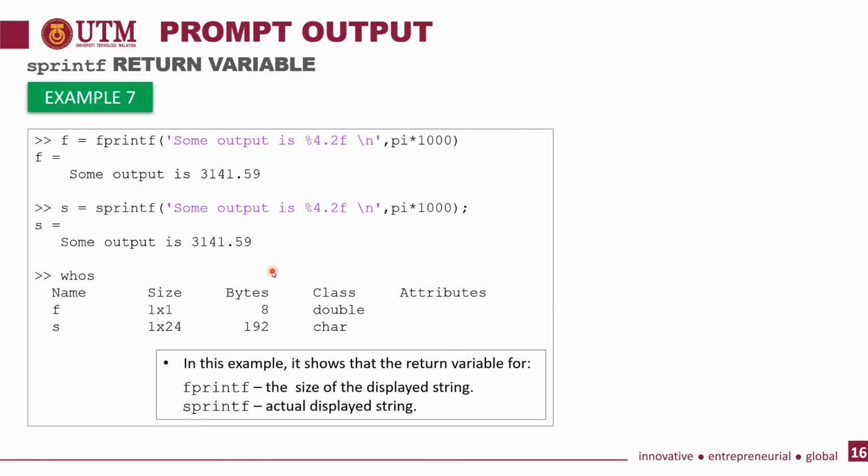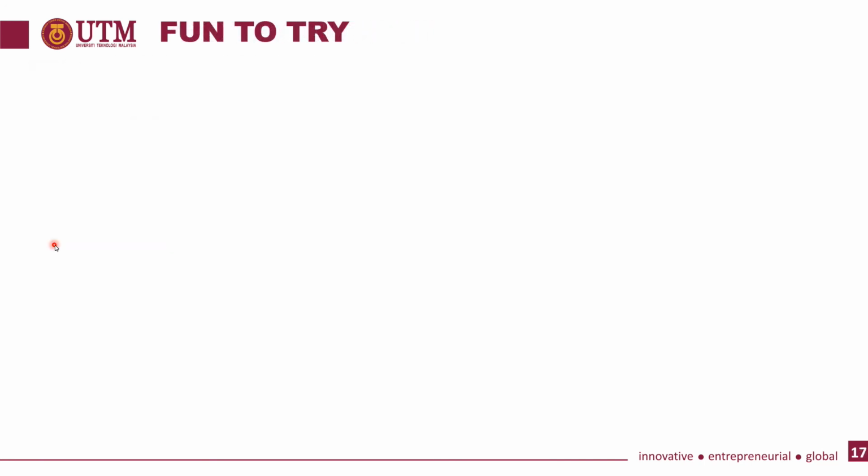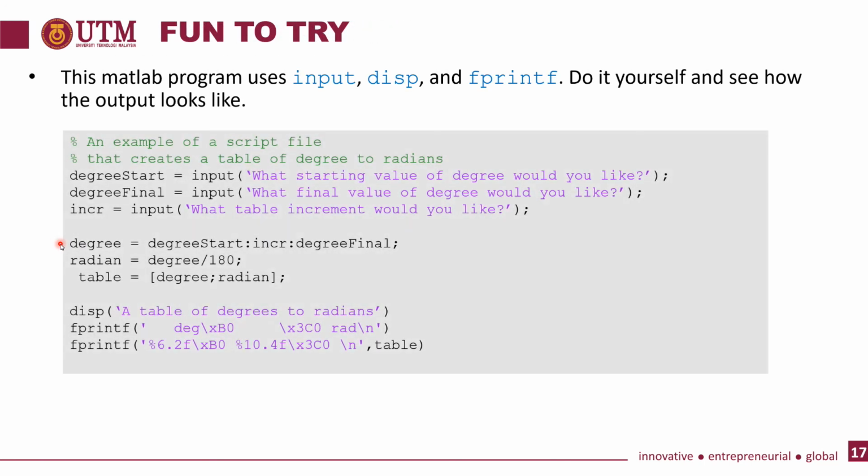As a conclusion, the main difference between Fprintf and Sprintf is the type of the return variable: Fprintf returns an integer or a number, but Sprintf returns the full string of the output. This is one of the programs that is fun to try.